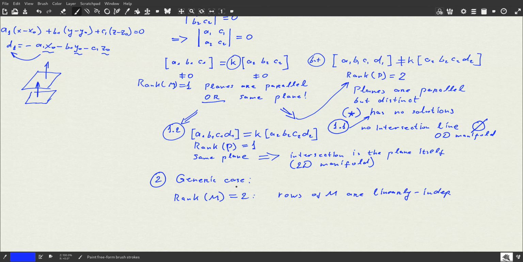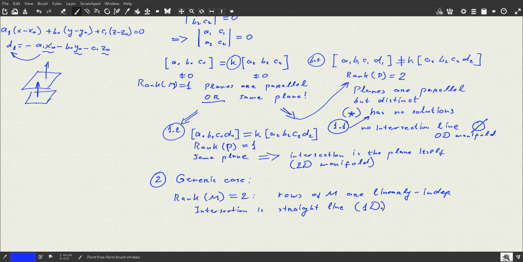Then we can really take, as we described in the last lecture, for example, one coordinate as a parameter, and solve the system. It depends on which minor is actually non-degenerate, and we obtain the intersection as a straight line. So intersection is a straight line. One D.